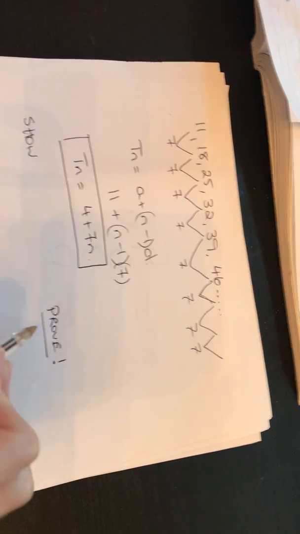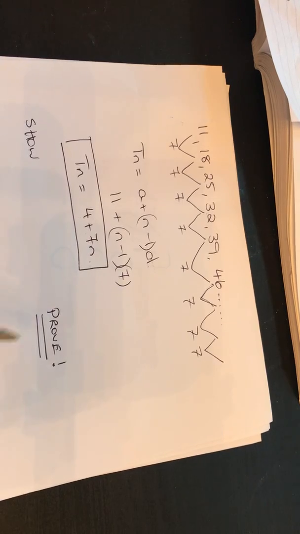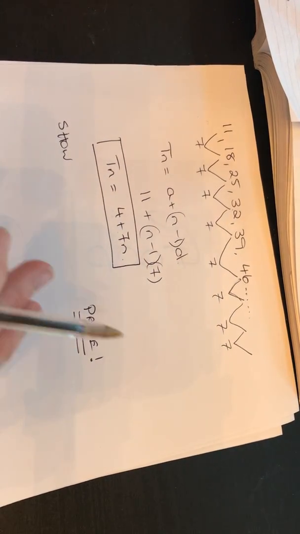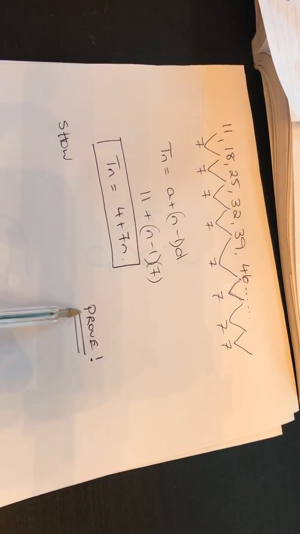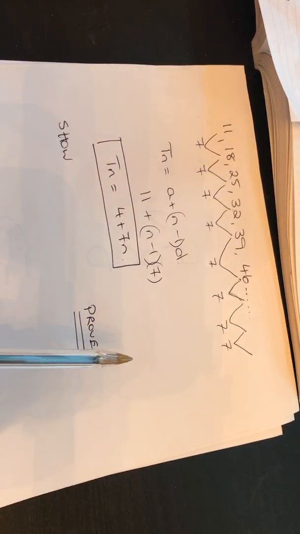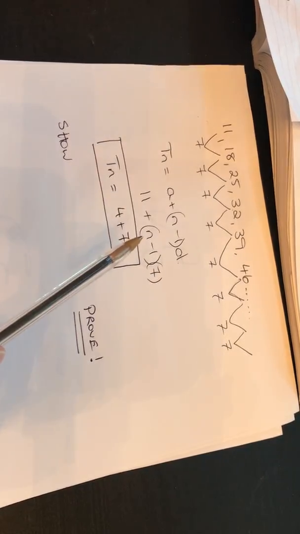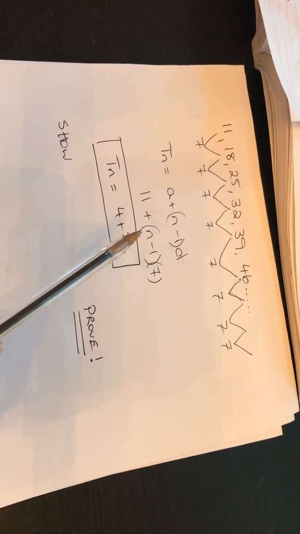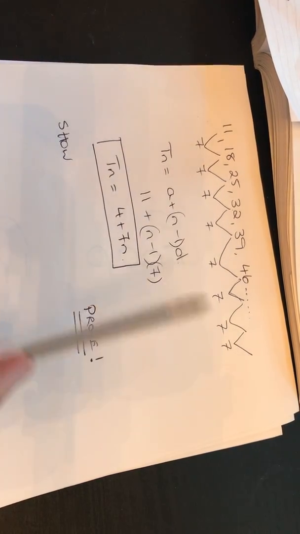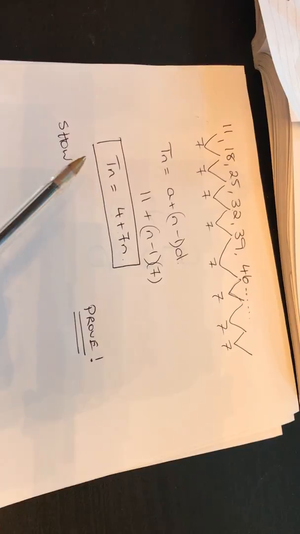But to say it looks linear, or to just assume the rest of it is linear, is not proving. So take a minute, have a look. What do you know about a linear sequence? And how can you use that information to prove that the full sequence that goes on forever is linear?